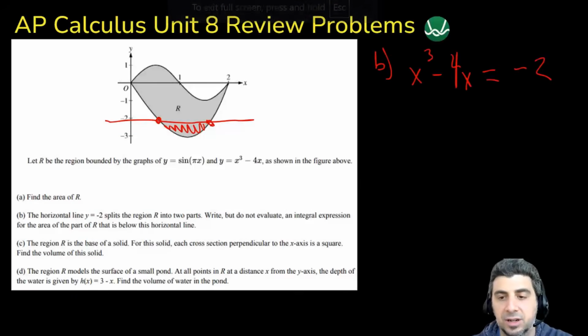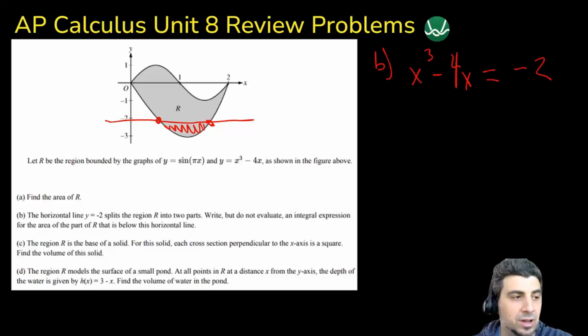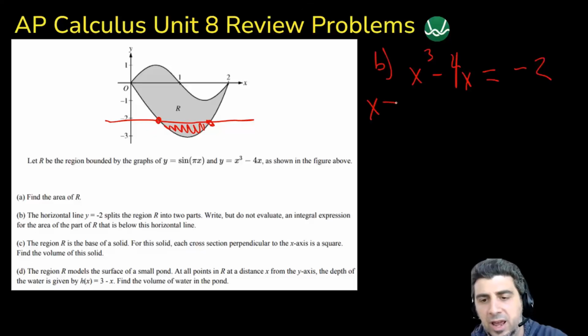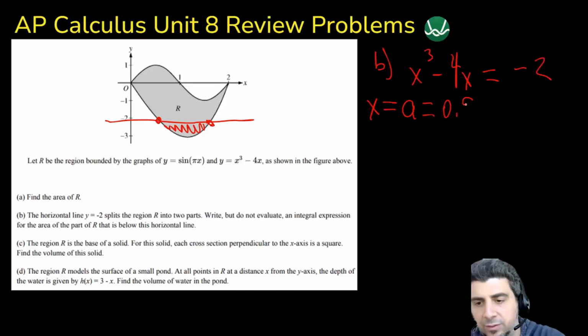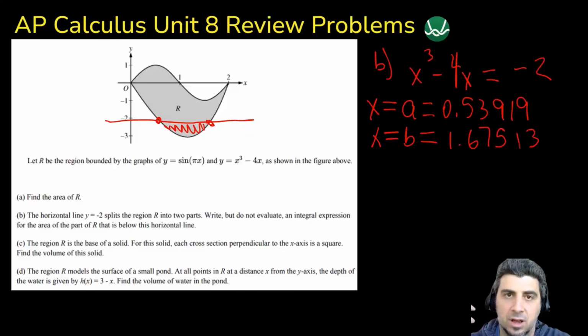Now we got a couple of things here. First, we got the intersection points. I'm going to call the first intersection point A. So x equals A equals 0.53919. And x equals B equals 1.67513. The reason I'm doing this is because whenever you copy the numbers a lot, you may run into some errors.